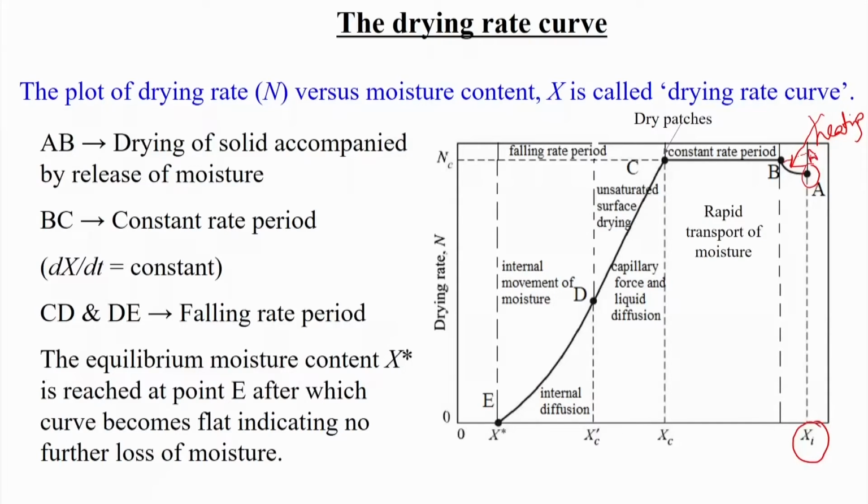Sometimes there is also an A prime, meaning the drying rate in the beginning may decrease depending on the material, so it may start from here also.